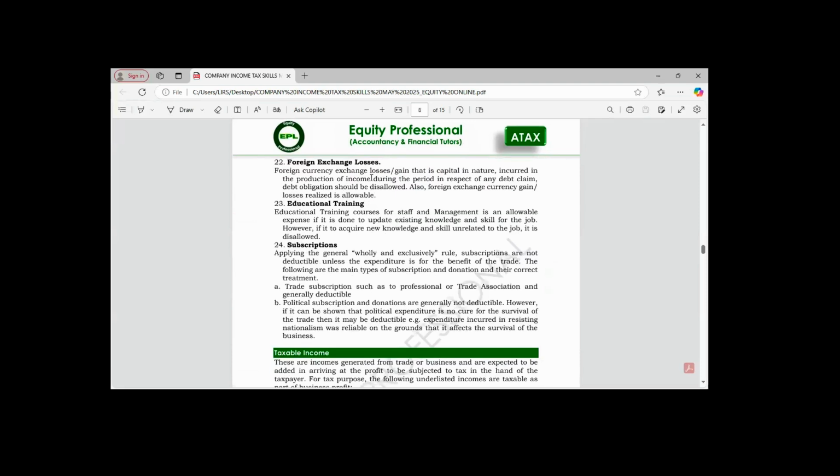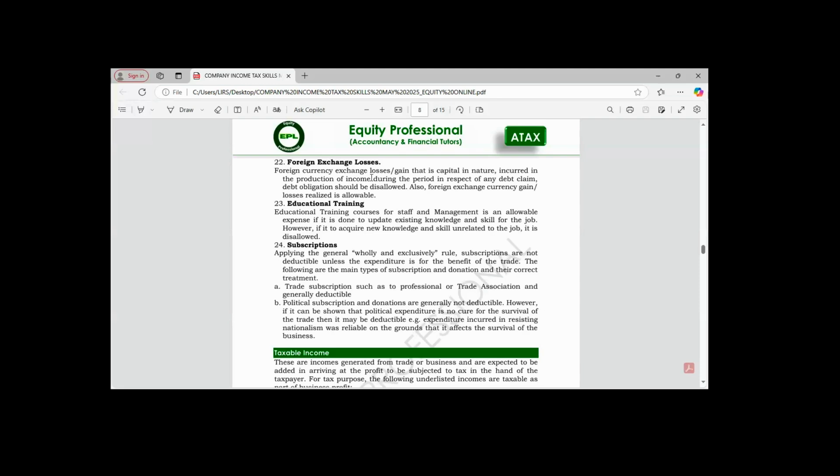Then foreign exchange losses. Under foreign exchange, we can have realized and unrealized. Please, when you see the words foreign exchange loss, realized: a foreign exchange loss realized is an allowable expense, while a foreign exchange loss unrealized is disallowable. Under foreign exchange, we can either have a loss or a gain.